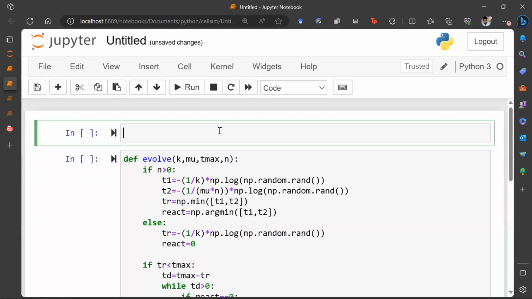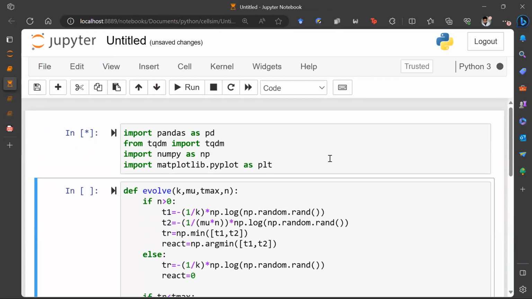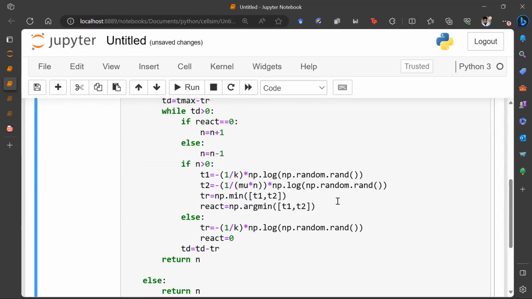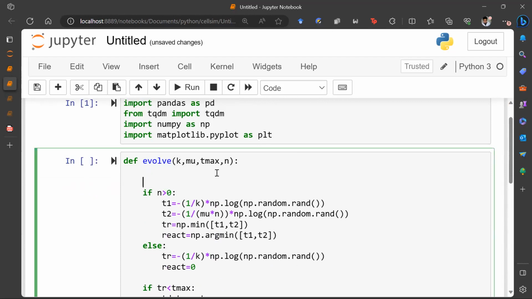So we start here, importing the typical libraries: pandas, tqdm, numpy, and matplotlib pyplot. And this was the script I developed in the previous session.